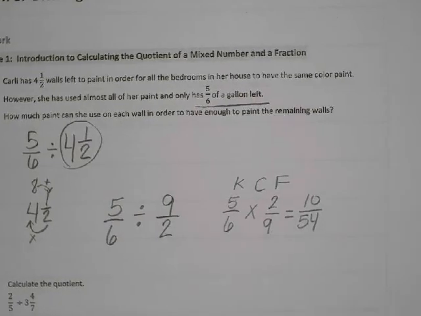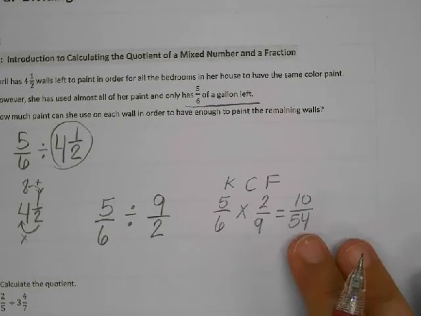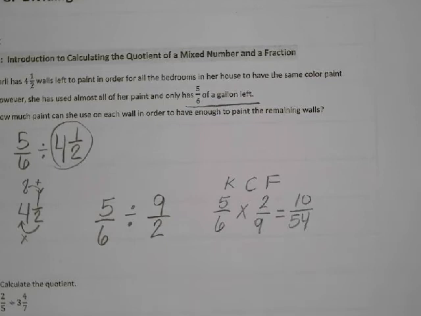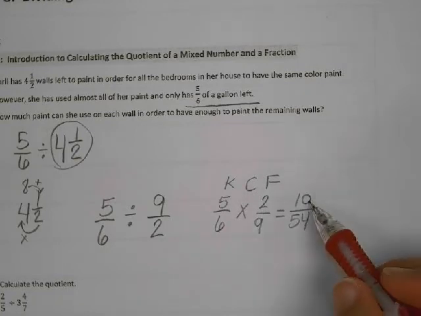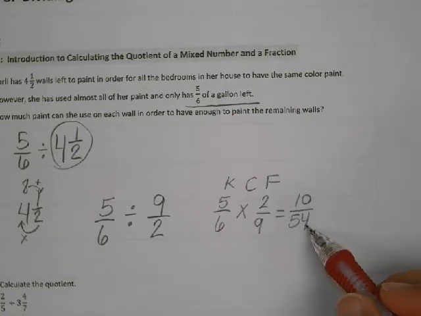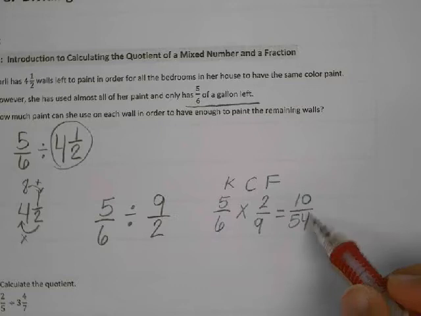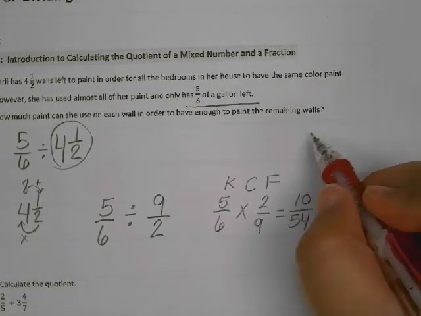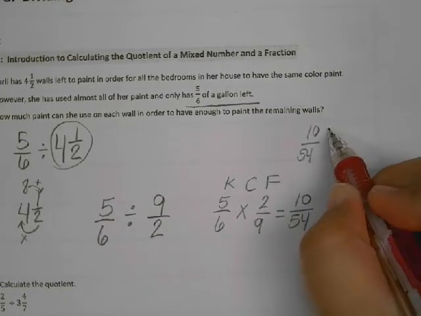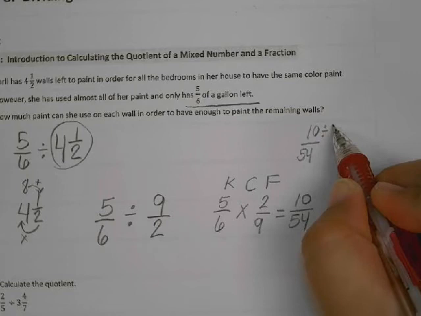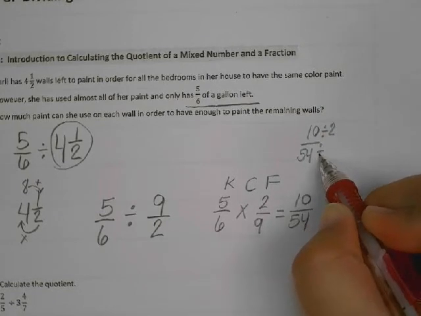Now, certainly you are welcome to leave it as this, but you can also reduce this. So I can think to myself, is there a number that I can divide equally into both 10 and 54? Well, I know that since both numbers are even, I can divide them both by 2. So if I have 10 over 54 and I want to reduce that, make it smaller, I'm going to divide both by the same number.